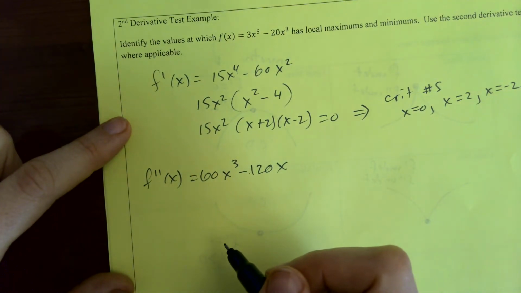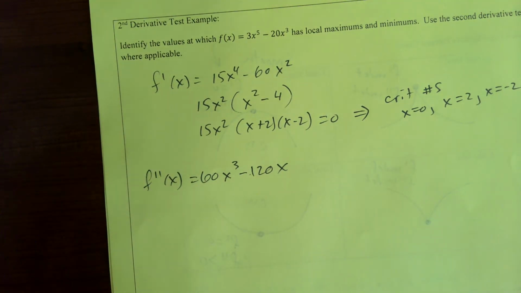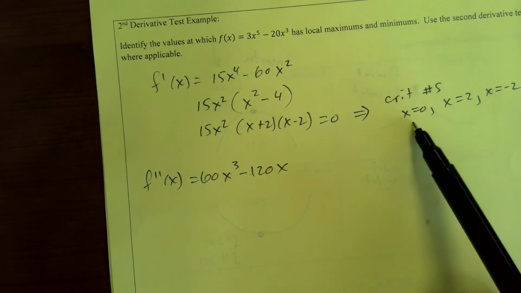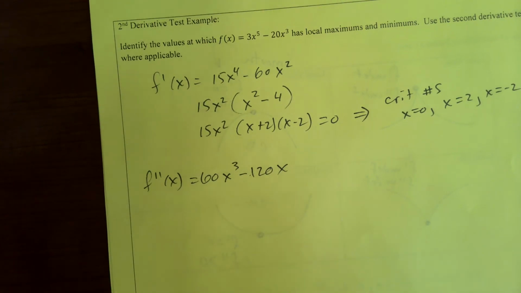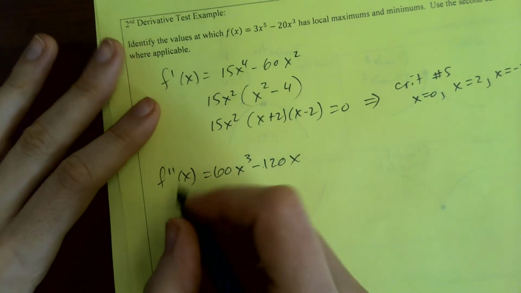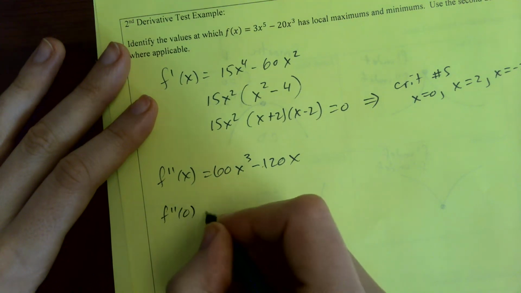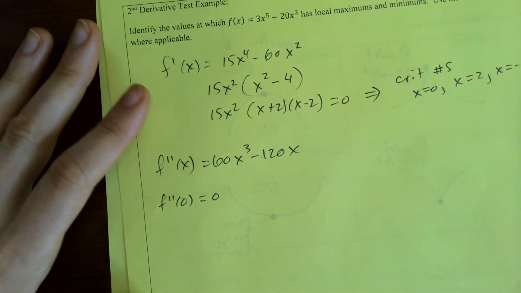And then you're going to plug these numbers into the second derivative and see if it's positive or negative. So f double prime of 0 is 0.